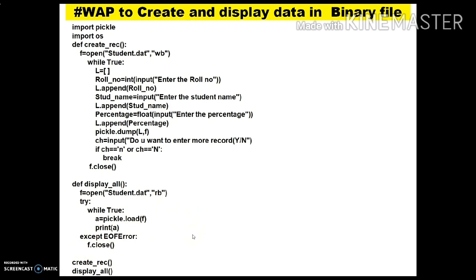Now you always write the code which can give an error within the try block. Again inside the try block, I have taken while true, that is an infinite loop, because I do not know how many records are there in my student.dat file.